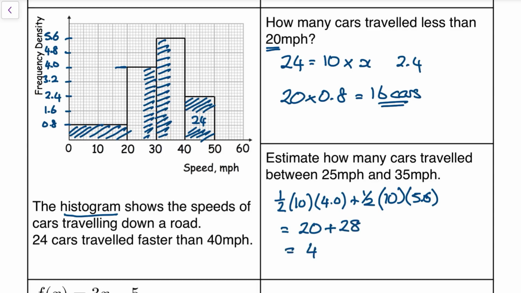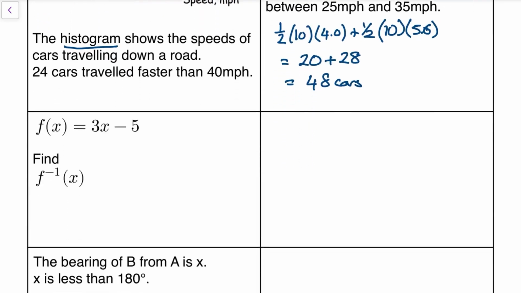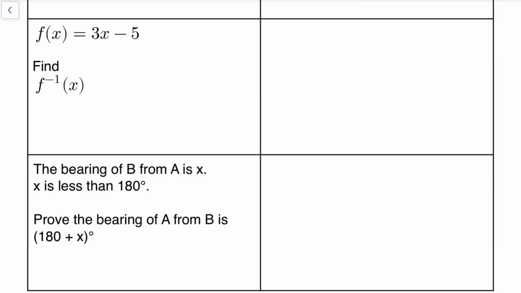Add these together and that's going to give me 48 cars. Good question, I like histogram questions. It is really just about the area of a rectangle, and once you've got that idea, it's not too bad at all.